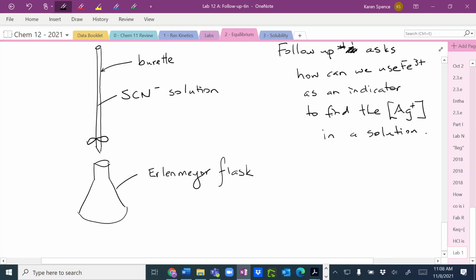So we have an Erlenmeyer flask, and in our Erlenmeyer flask, we have a solution, and we are going to have 1, 2, 3 silvers in there. And we're going to pretend that we don't know that. Okay, so it's going to be a mystery to us how many silvers we add. And we are also going to have an iron 3+, and that's going to be our indicator. Yes?